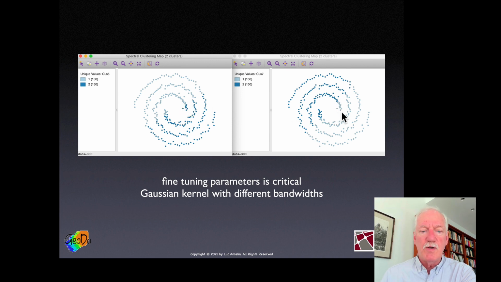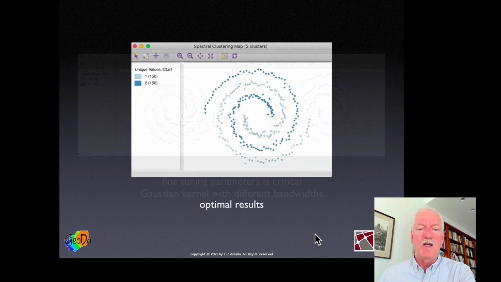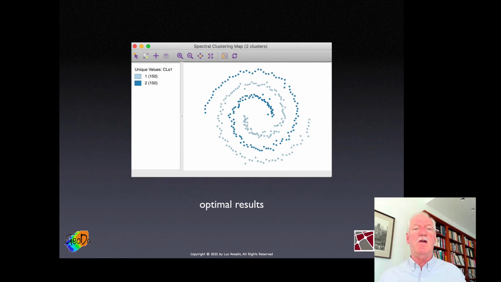There's a little more points on this end, and there's other small differences. For example, this part is assigned to a different cluster. Here it's this cluster, here it's the other one. So practice sensitivity analysis. The ideal, after a little bit of trial and error, you can come up with the perfect solution, and the specific parameters are given in the notebook.